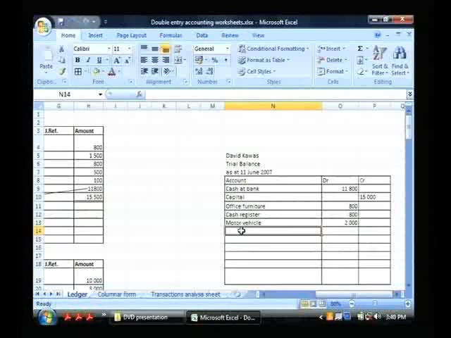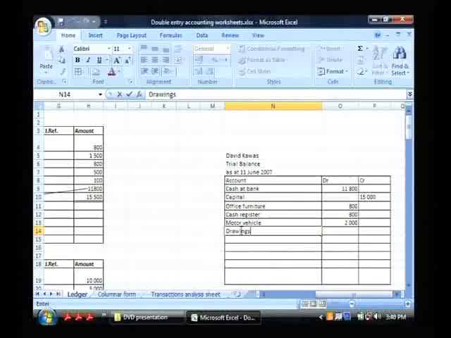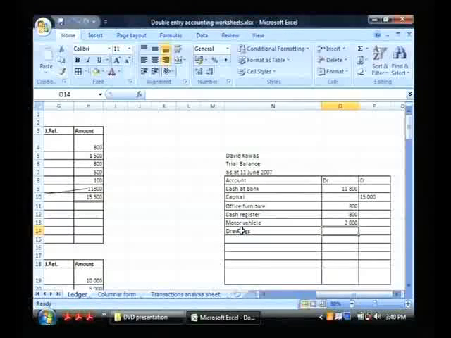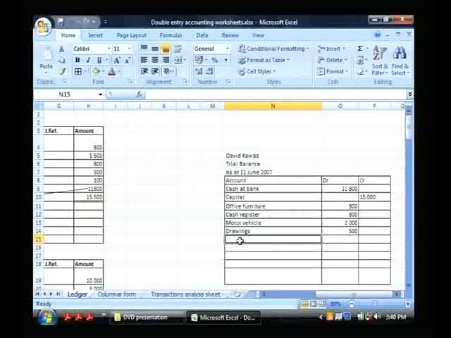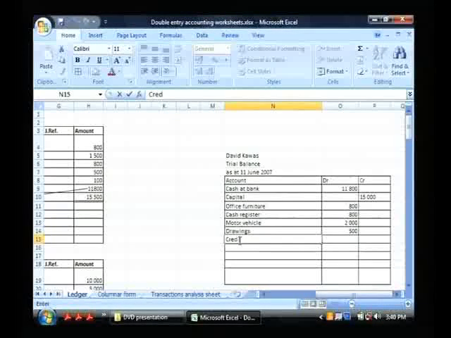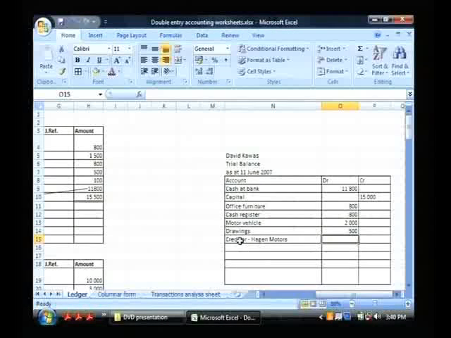Then next one is drawings. Drawings account shows 500 debit balance. Then creditor Hagen Motors shows a credit balance of 500.